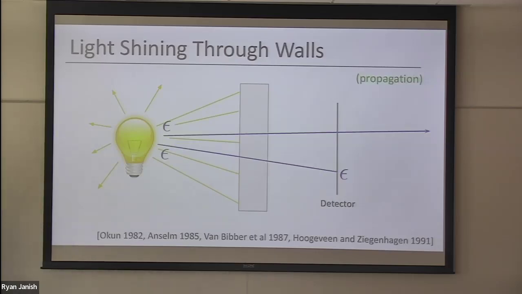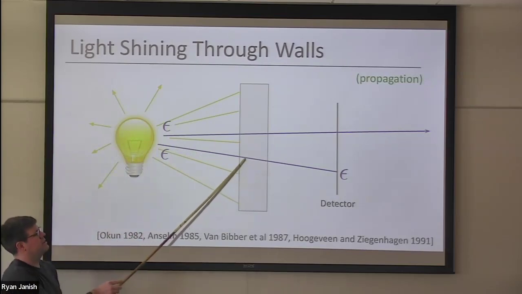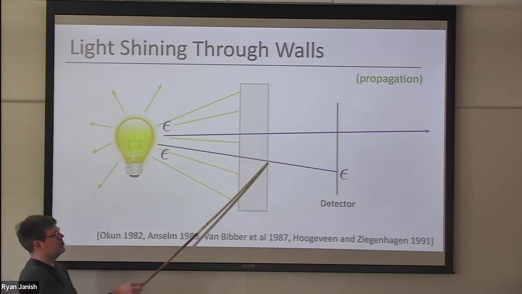So we can also think about this in the propagation basis. In this picture, what's happening is the electrons in your source directly couple to this hidden photon, so they can just produce it with some small probability. Then those hidden photons interact very weakly with the screen, so they're able to get through.